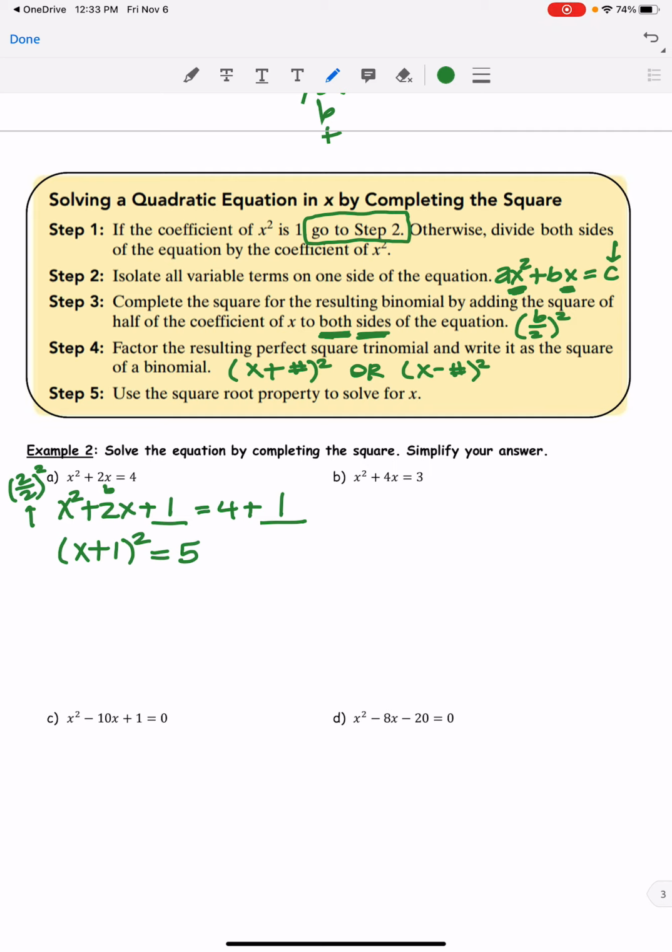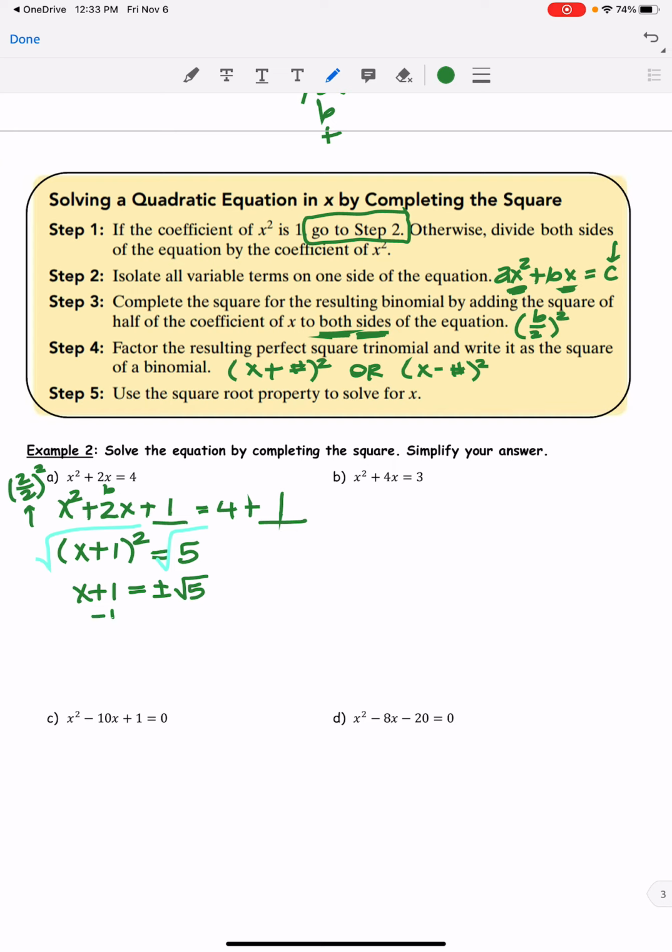And now, step 5, use that square root property. So your square term is isolated, and that's always going to happen. So now, take the square root of both sides. This becomes x plus 1 equals plus or minus, 5 is a prime number, so square root 5.